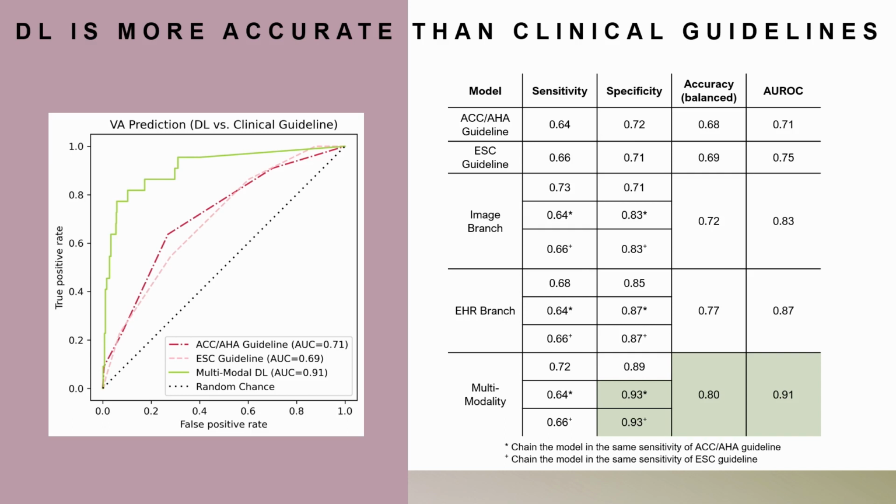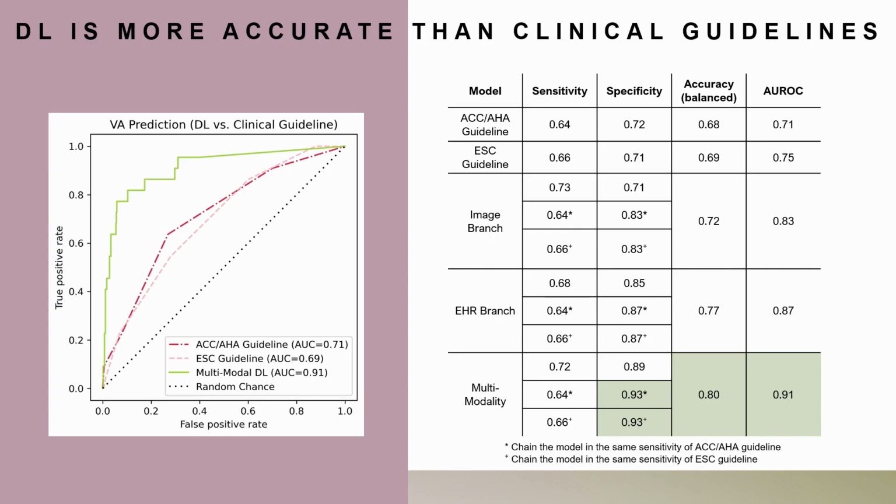Now, here we changed the predictor to the same sensitivity of AHA guidelines or the same sensitivity as the ESC guidelines, and you can see the specificity went high up. So it's a very powerful predictor that has really high accuracy in these patients.